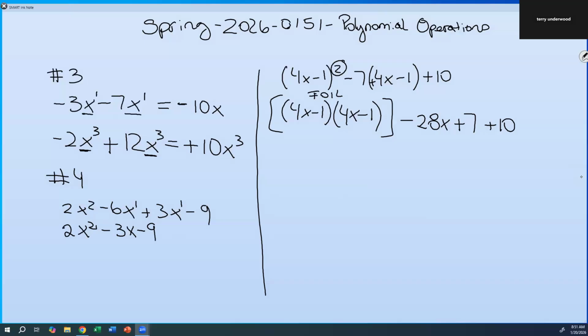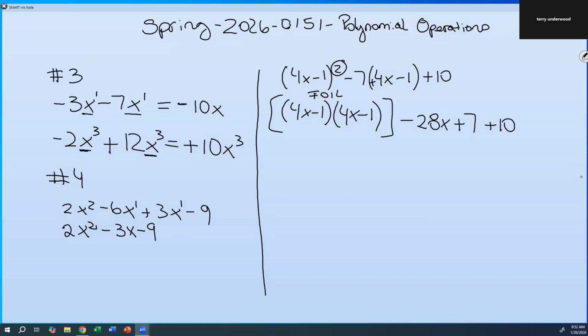FOIL means you multiply the first term in the first parenthesis by the first and then by the second term of the second parenthesis. And then when you finish that, you go back to the second term in the first parenthesis, in this case negative 1, and you multiply it also by the first and second term in the second parenthesis.